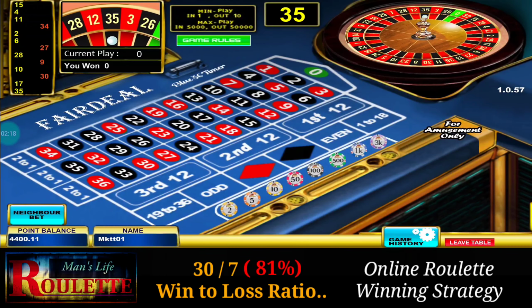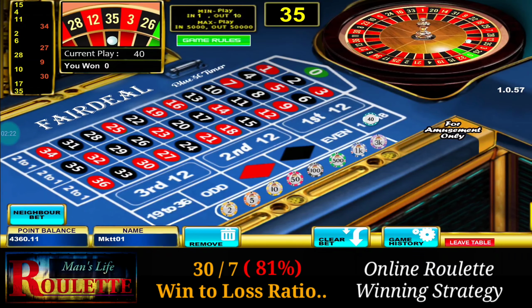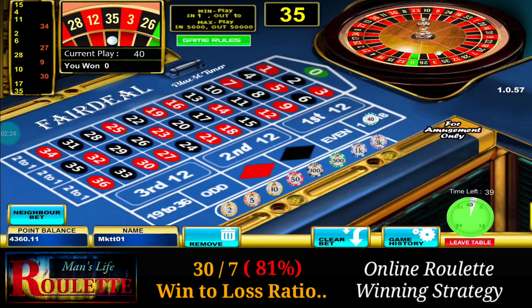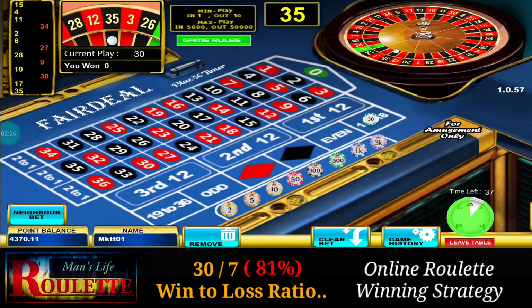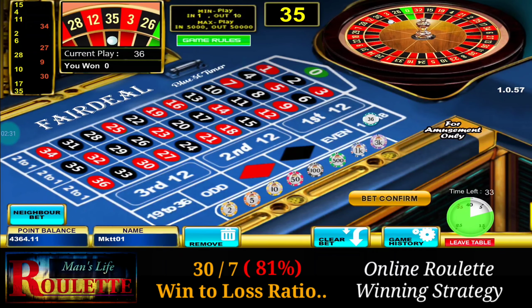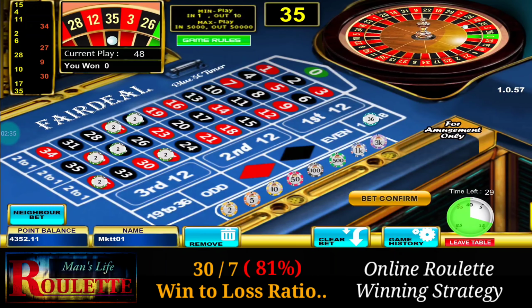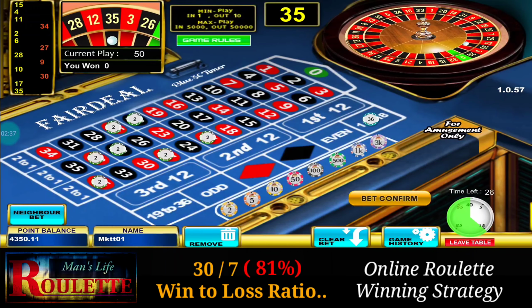So let's start. So first 36 unit at smaller number. Okay, and 12 unit at bigger number, and most of the numbers should be red.